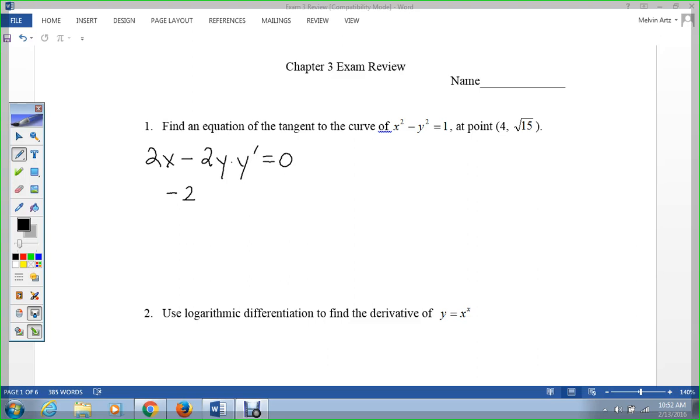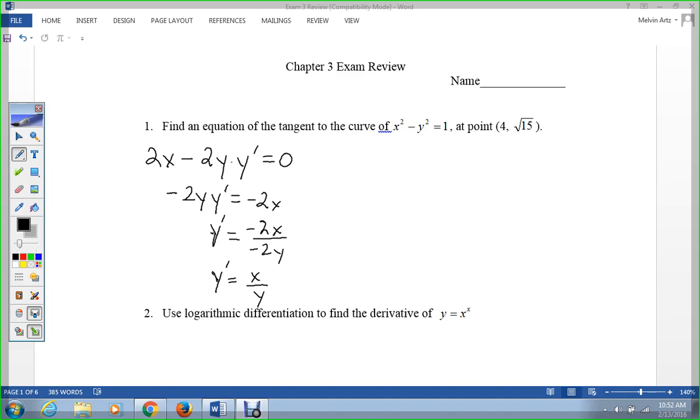So we will subtract 2x from both sides, divide by negative 2y, and then we can reduce to x divided by y. So there's our derivative.